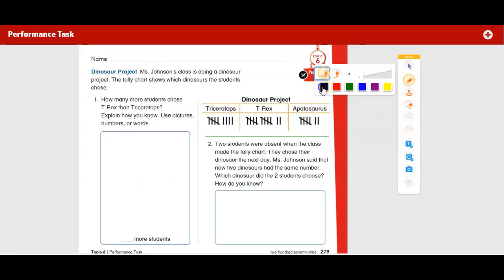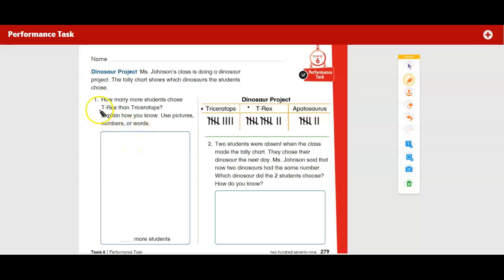To begin working on this problem, you will first need to count how many Triceratops were in the tally chart and also how many T-Rexes were in the tally chart. You can use this space here and use pictures, numbers, or words.